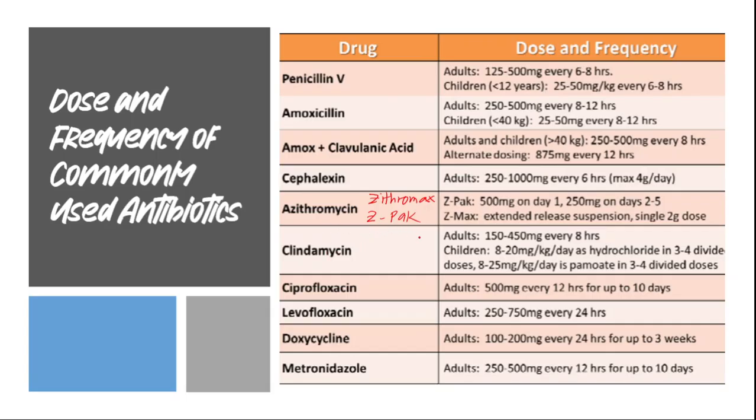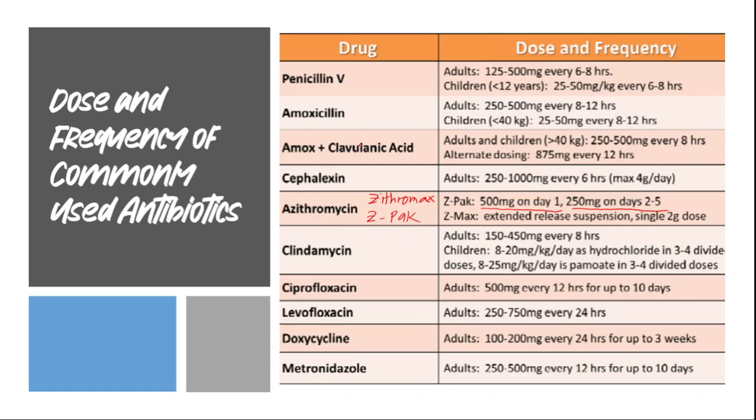Okay. Now, what makes azithromycin different from amoxicillin, your cephalexin, or your co-amoxiclav? Take a look at this. Z-Pack, you only take 500 milligrams on day 1 and then 250 milligrams on days 2 to 5. What does that mean? You only take it once a day.